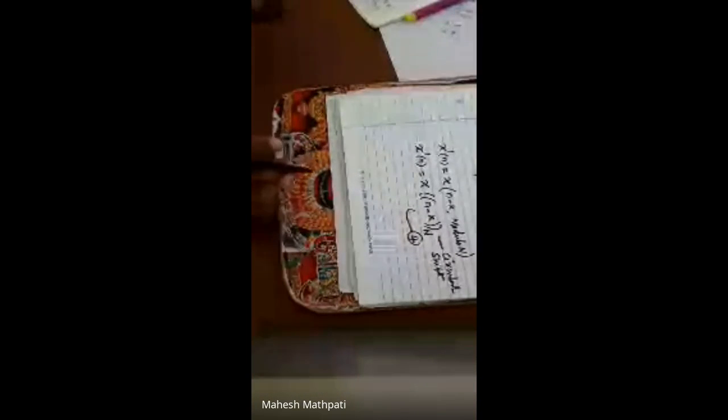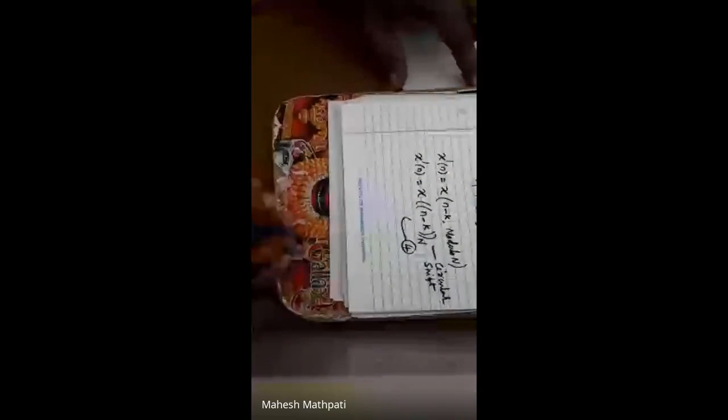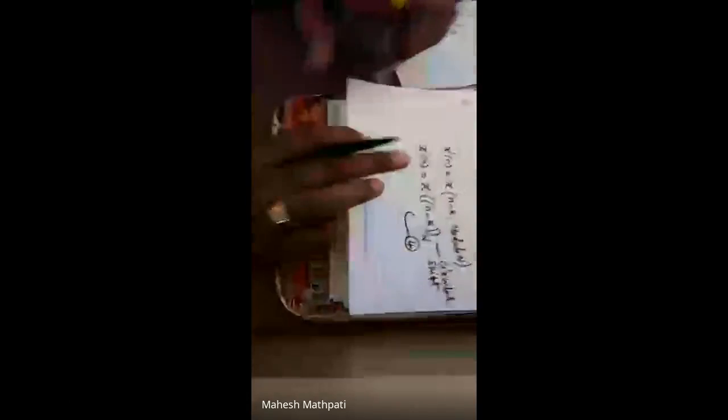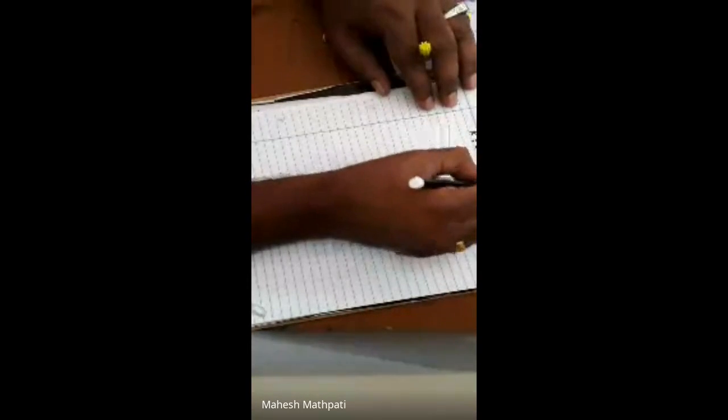Now let us understand this graph with respect to the equation. Have you noted the equation? Yes, sir. So we will write x dash of n equals, as we have already considered k equals 2, let us take N equals 4.